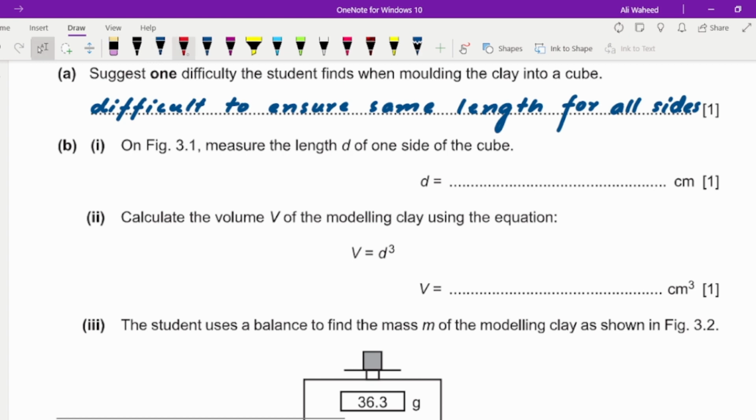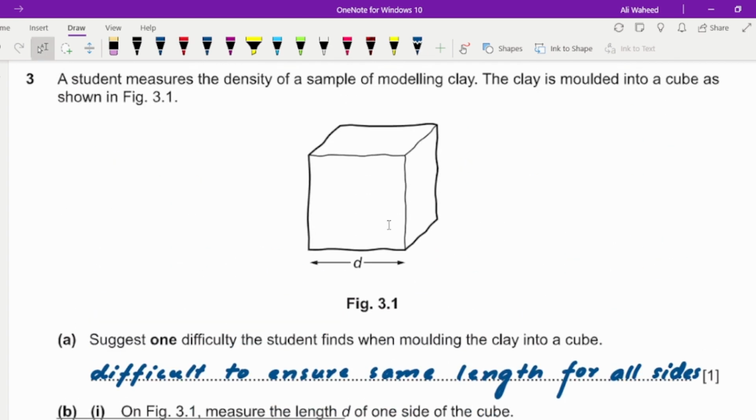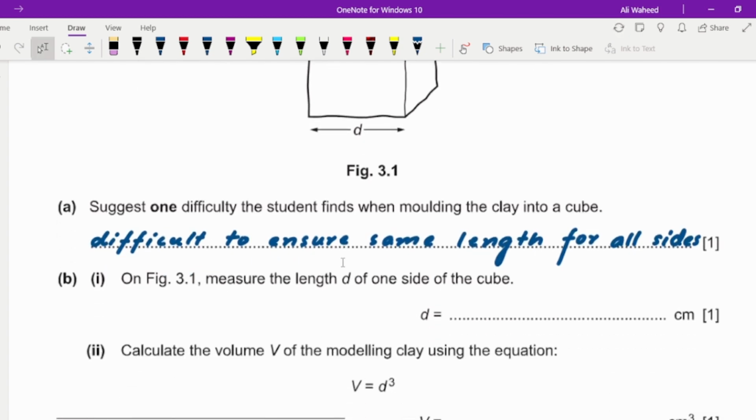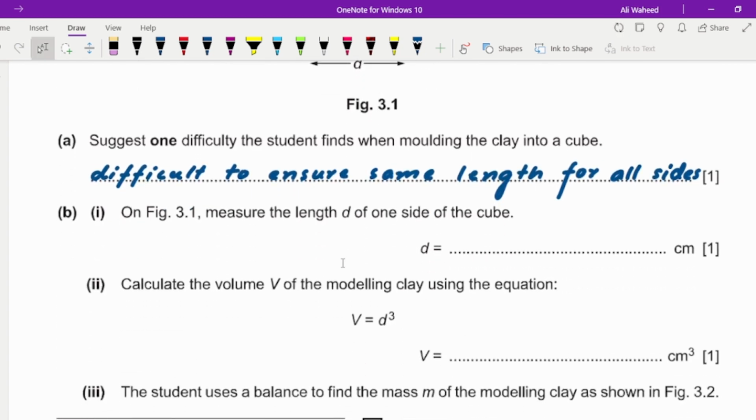On figure 3.1, measure the length d of one side of the cube. You can see from here, all you have to do is put your ruler in front of it and measure the distance to this point. It might be a little bit different when we do it on a sheet of paper. The answer can be a little different from the answer provided in the marking scheme.